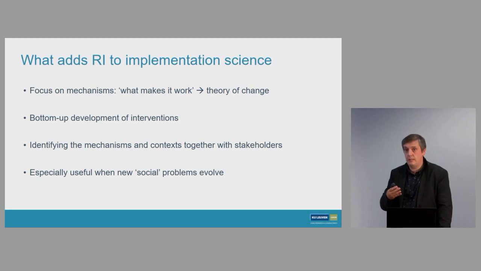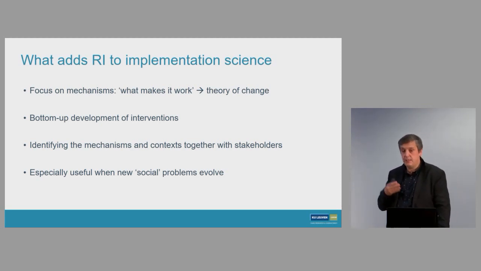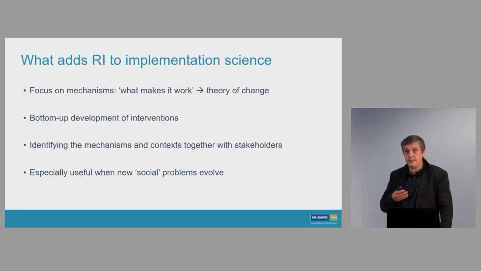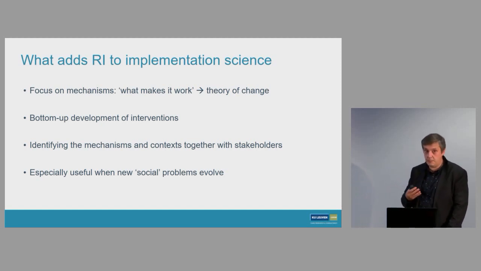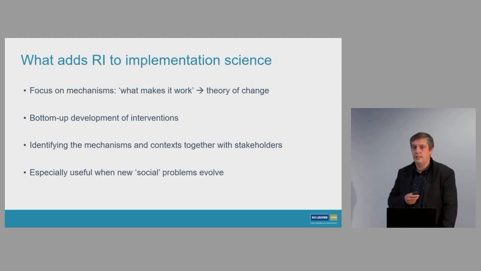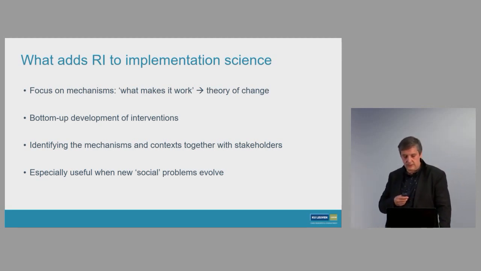It helps practitioners and organizations to identify mechanisms and the way context influences the implementation. It is very interesting, from my perspective, to identify the underlying mechanisms and context together with stakeholders. So realist evaluation is participatory. It pays a lot of attention to the perspectives of different stakeholders, including the target group, social work users.